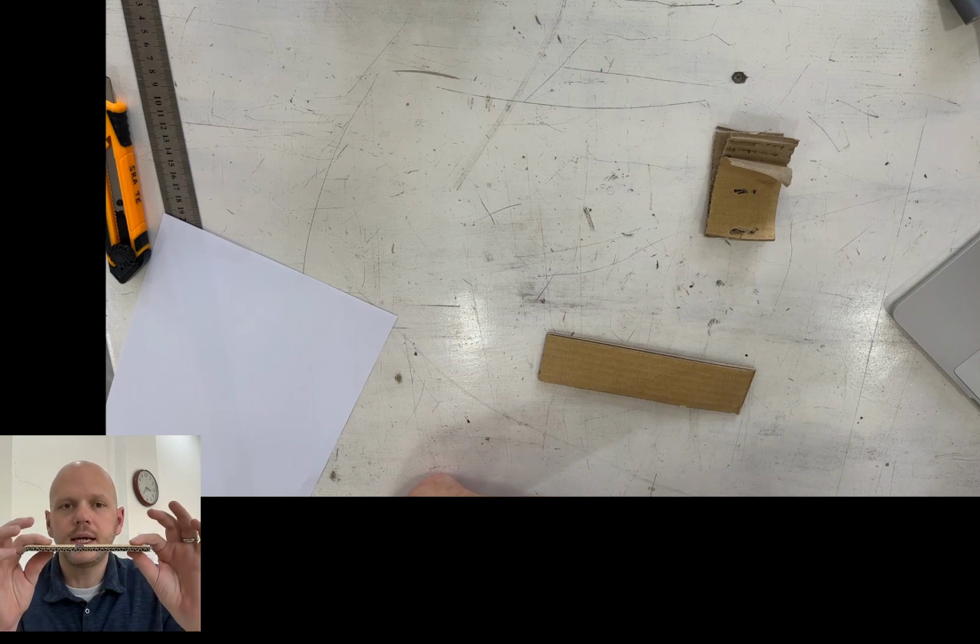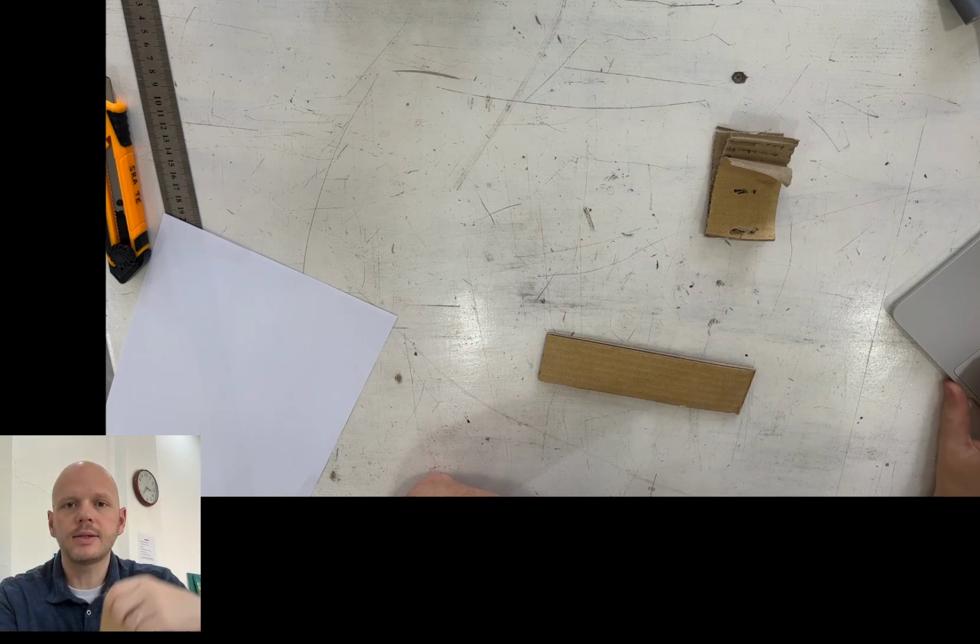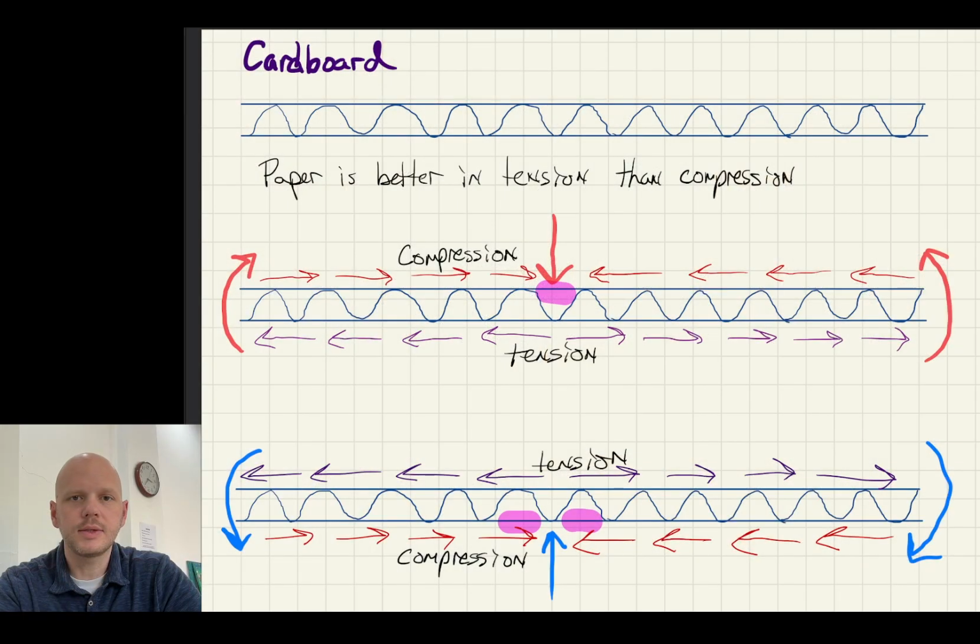So it's basically sandwiched paper. Let me jump over here to this picture. You can see there, you've got basically one layer of paper and then separated by another layer of paper. In this case, it's double thickness. And then you've got this corrugated piece of paper that runs to connect the top and the bottom layer, and it's glued together.